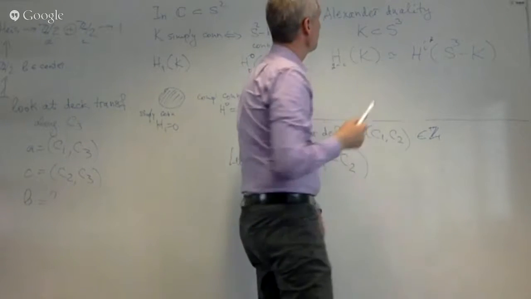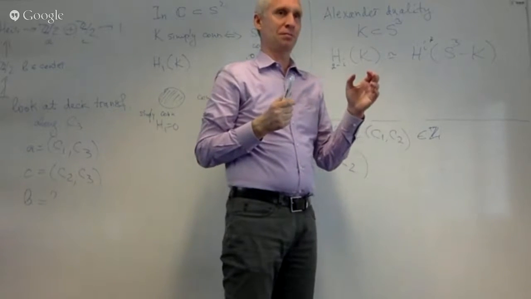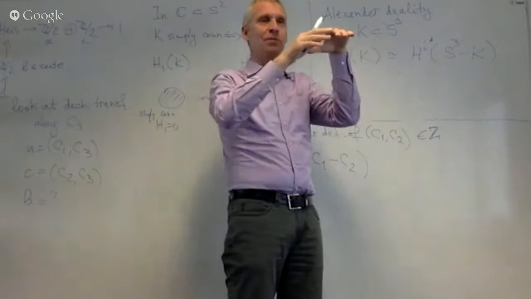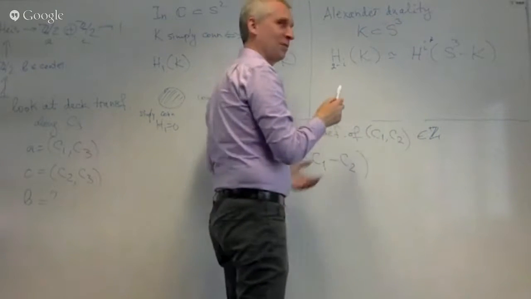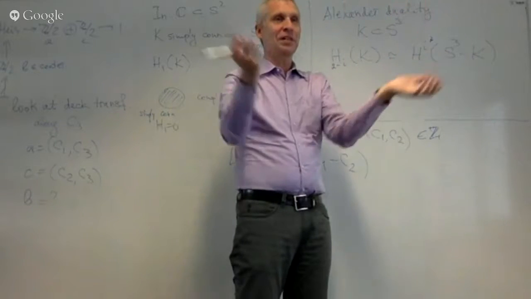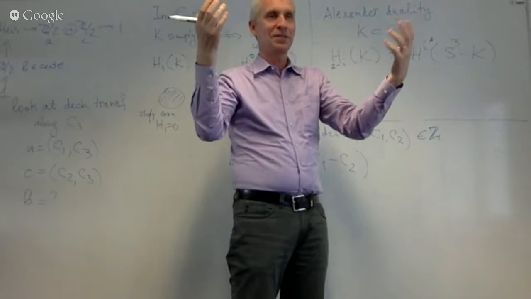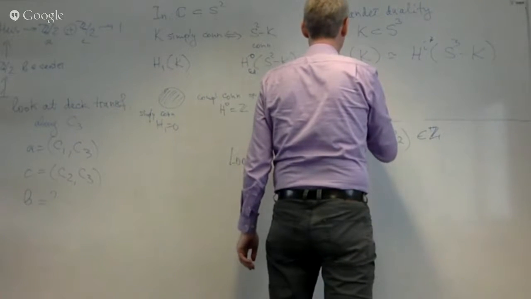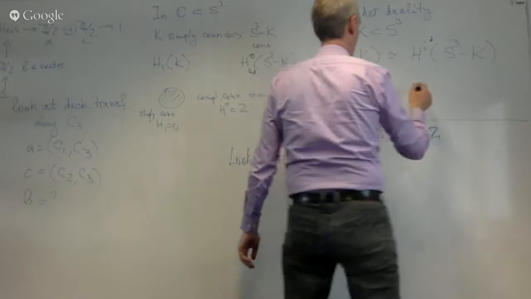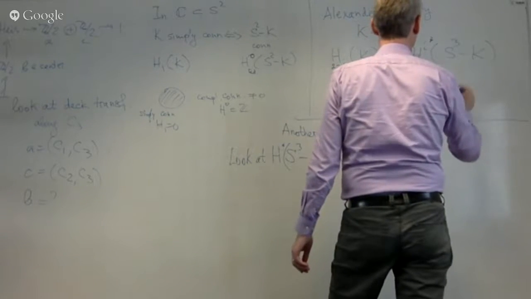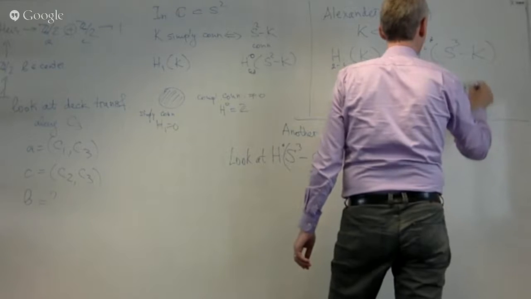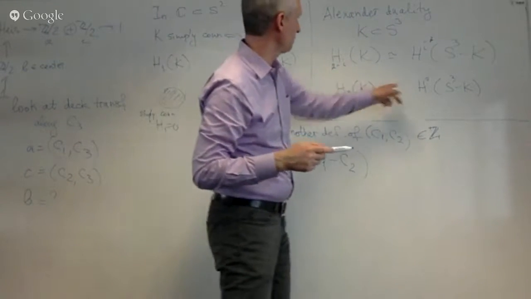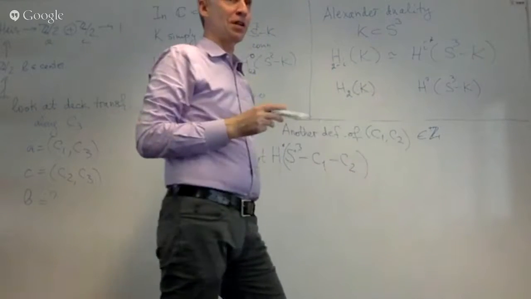What would be the situation where the complement is disconnected in S3? What would be a domain in S3 whose complement is disconnected? It would be something like a sphere which subdivides S3 into two parts. So H2 of K goes to H0 of S3 minus K. This is more or less the identification.